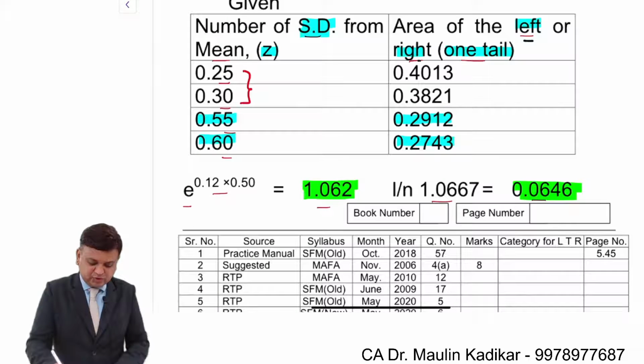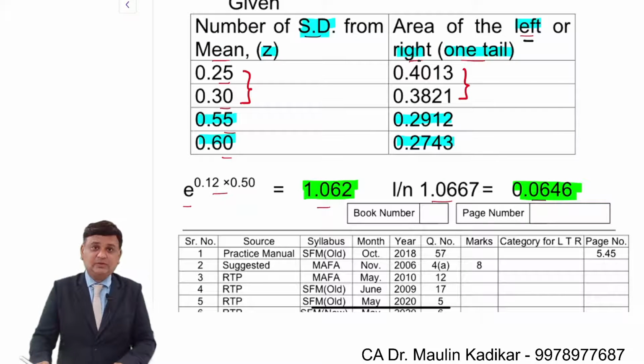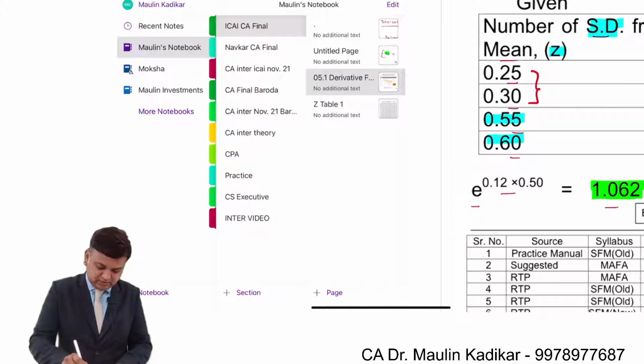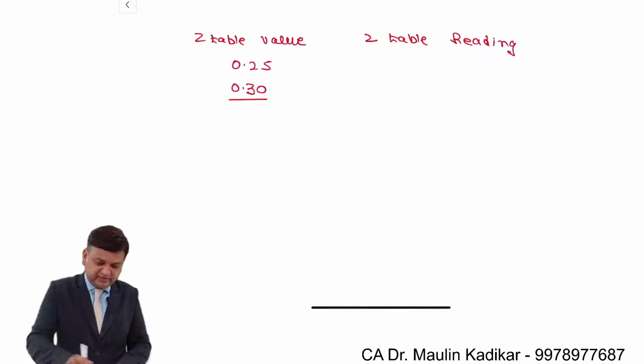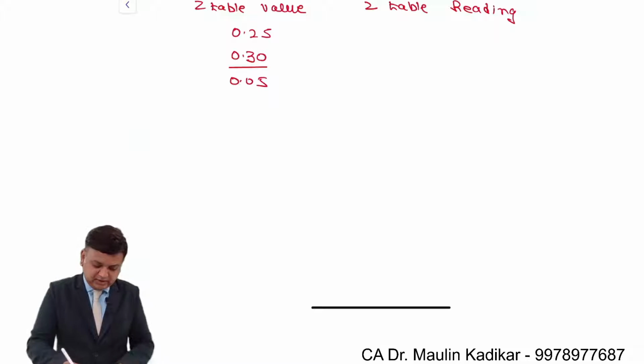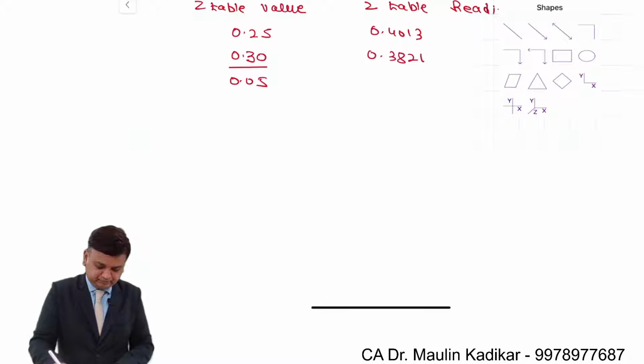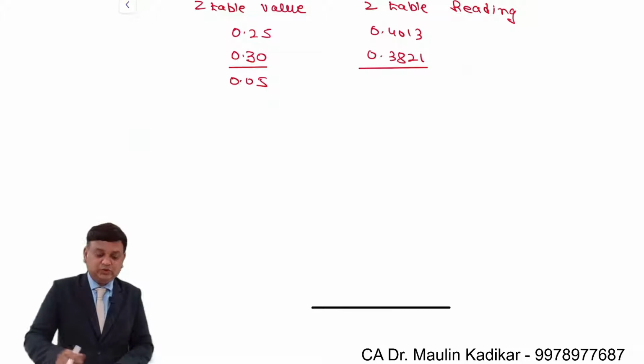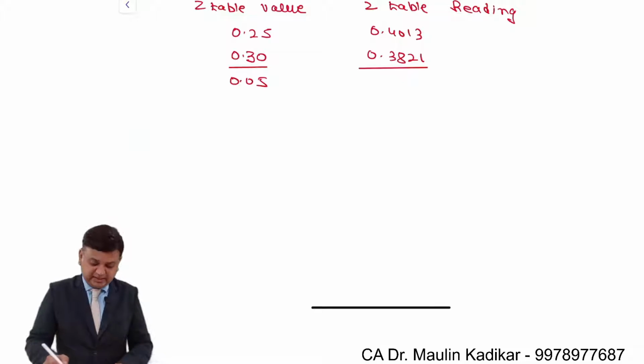These values are supposed to be taken into account for the purpose of doing the answer. So it is 25 and 30. So the difference is 0.05, and the readings are 0.4013 and 0.3821. So the difference is 0.0192.